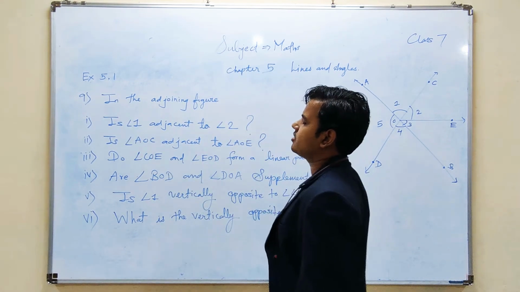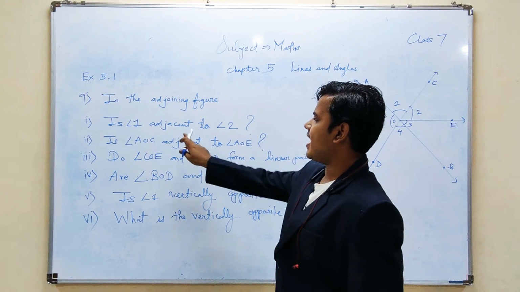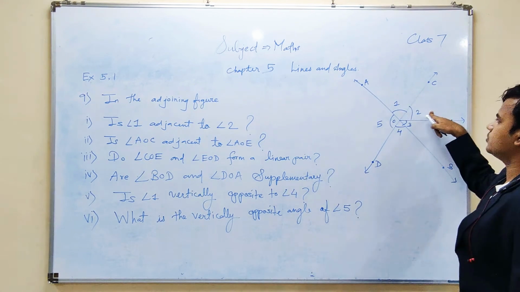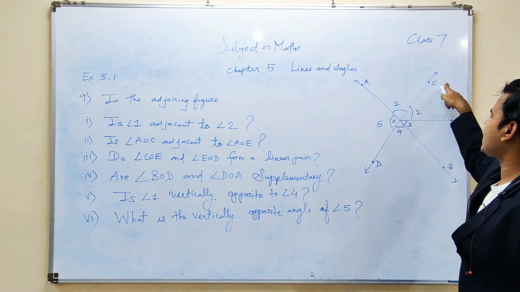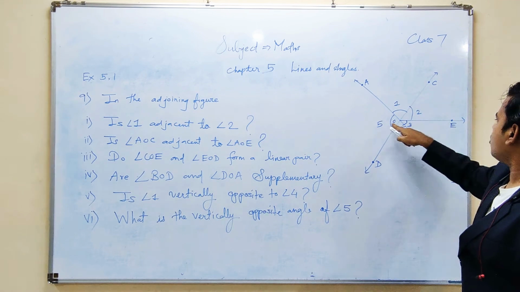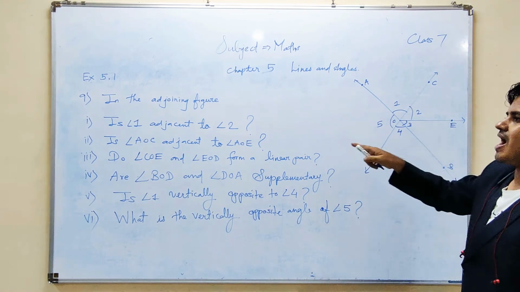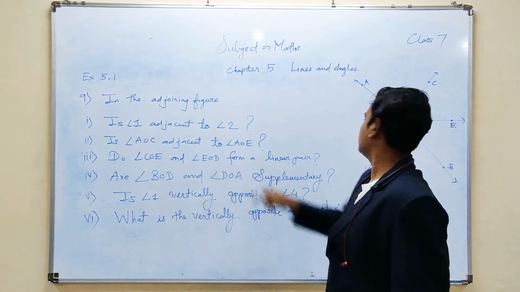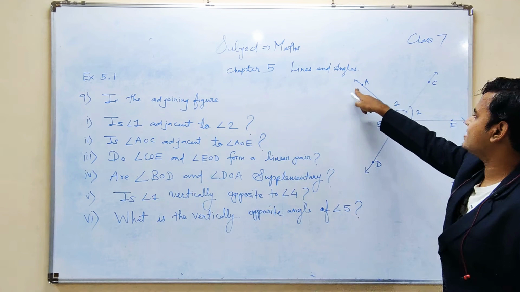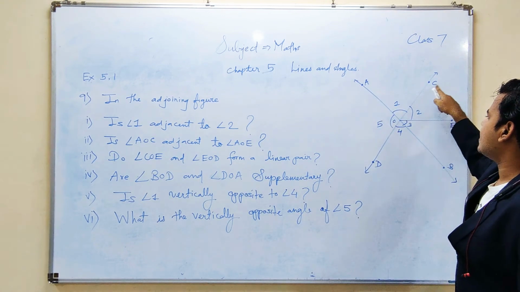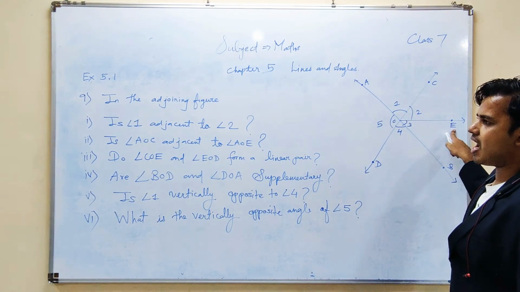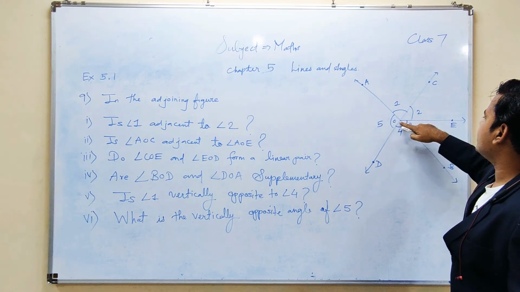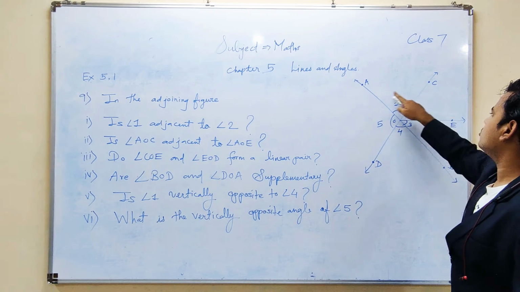Question number 1 is: is angle 1 adjacent to angle 2? Here is angle 1, here is angle 2. Angle 1 is AOC and angle 2 is COE. From the figure itself, we can say AOC and COE are adjacent angles, because they have a common arm, OC.